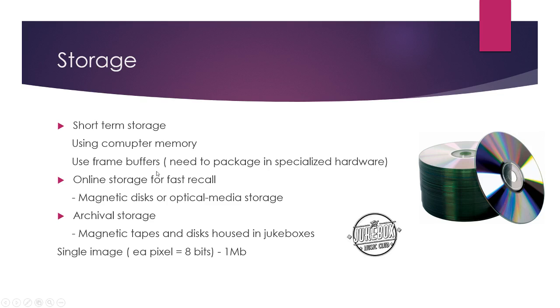In image processing with cameras, you can think of there being various storage properties. So you can have short-term storage, you can have online storage where you can fast recall, like tape or magnetic discs, optical media, and then you have an archive storage.